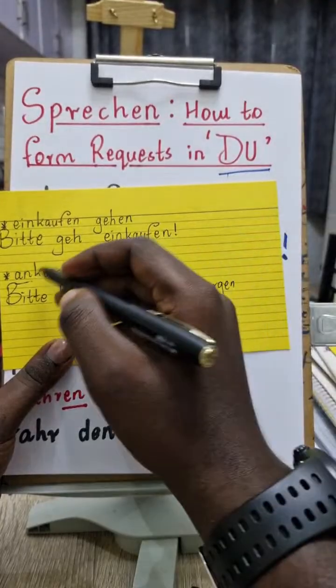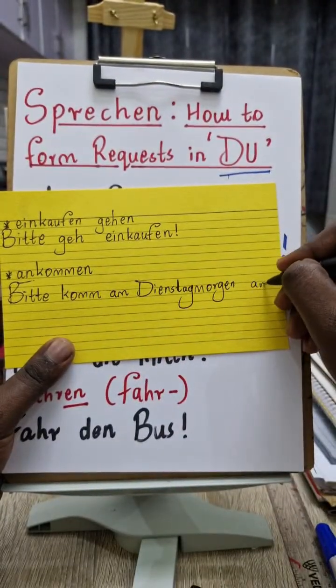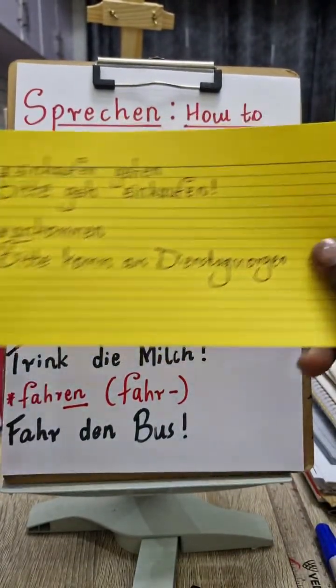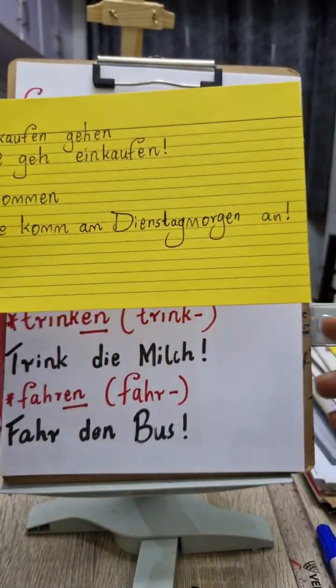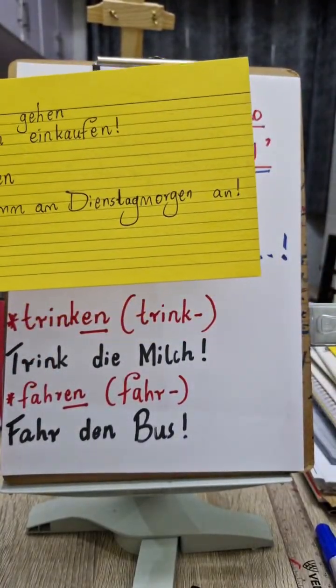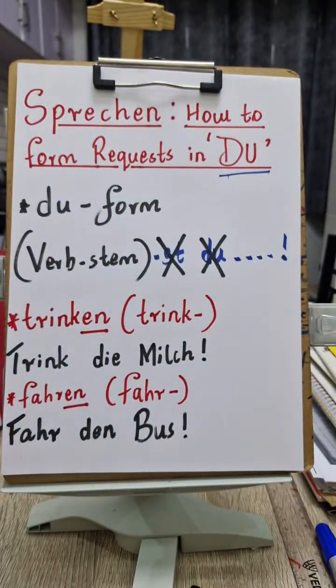Now remember, it's separable, so the an comes at the very end, with the prefix coming at the very end, right? So you're seeing the same pattern or phenomenon happens all through, whether you're using a separable verb or an inseparable verb, etc.